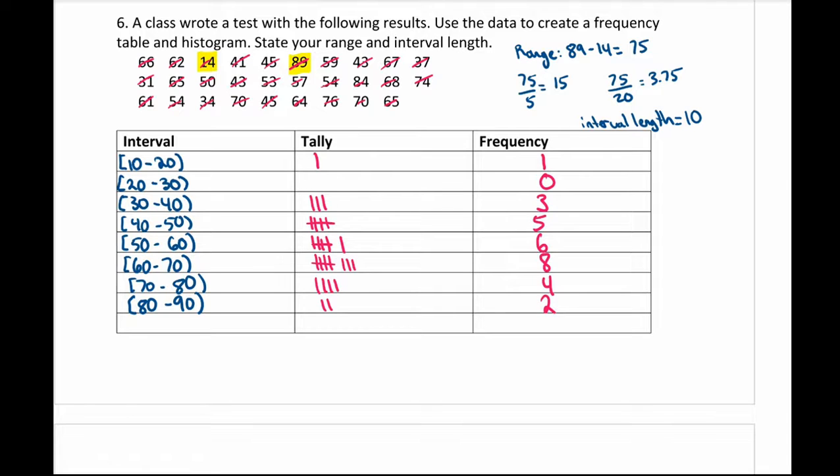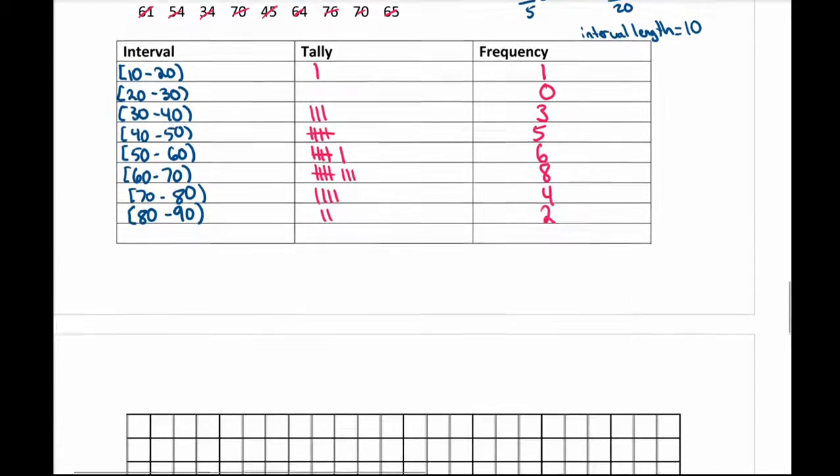One way we can check just to make sure we have the right number of numbers, you could add up your frequency, which should add up to how many data points you have. Once we have the frequency, we are going to graph this. So if we go to our graph, our frequency is going to be on the y-axis or the left side.